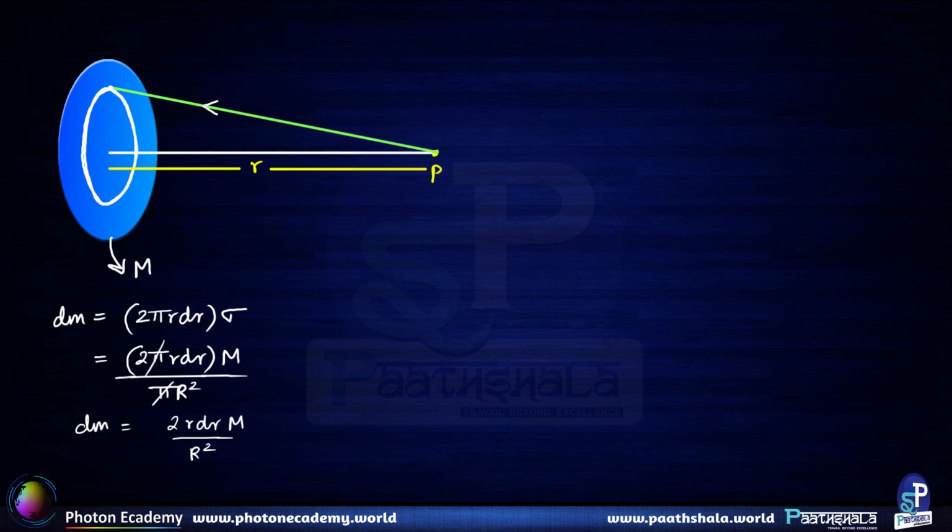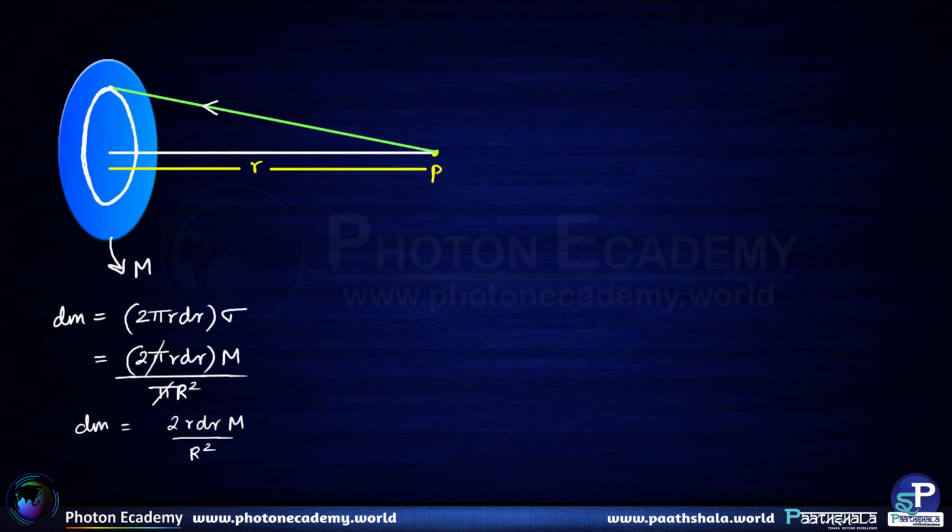We already know the expression for the gravitational field of such an infinitesimally small thickness ring.